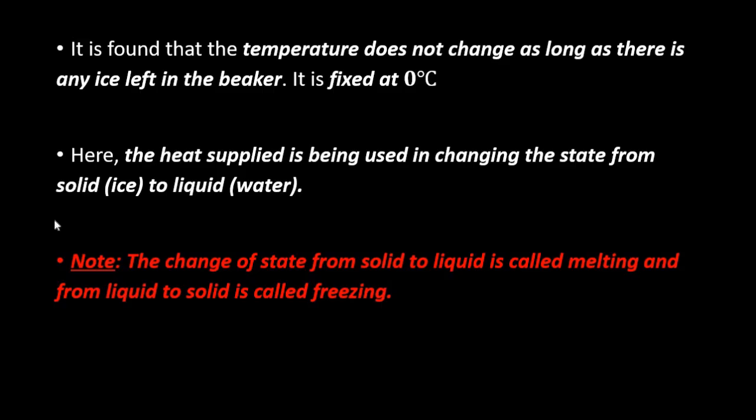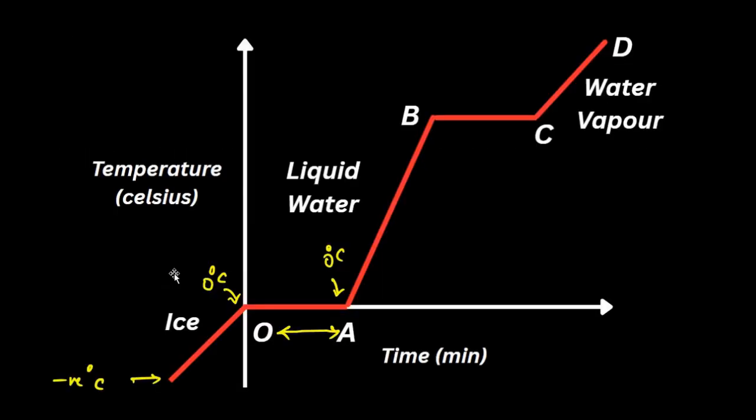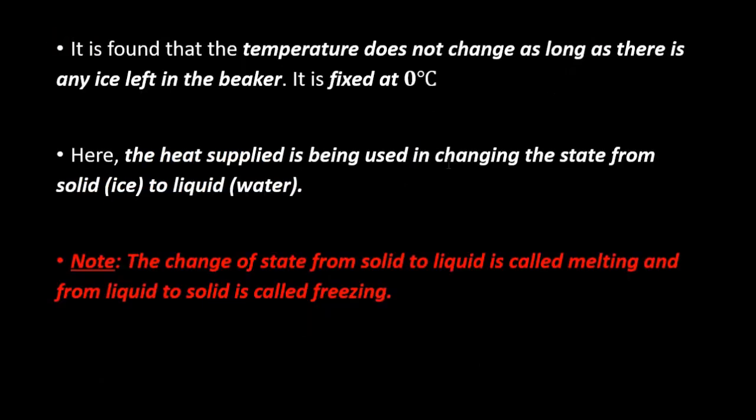Now the heat which is supplied for this duration, OA, is used up in converting the ice, solid, into water, liquid, through melting. So this change of state from solid to liquid is called melting, at a constant temperature.